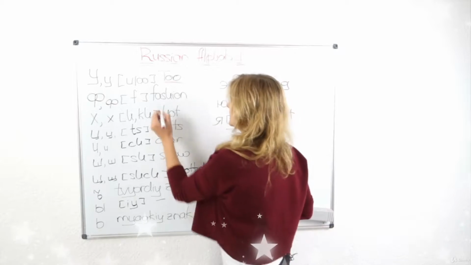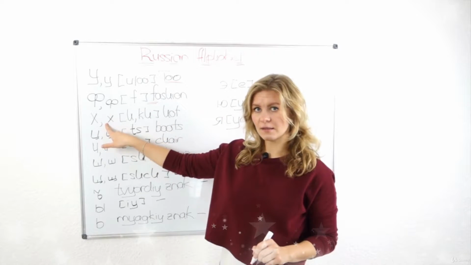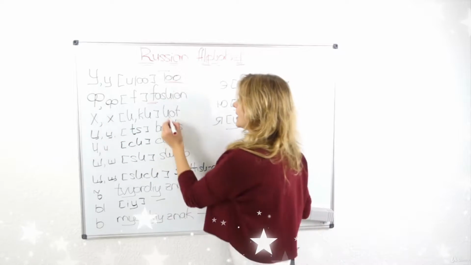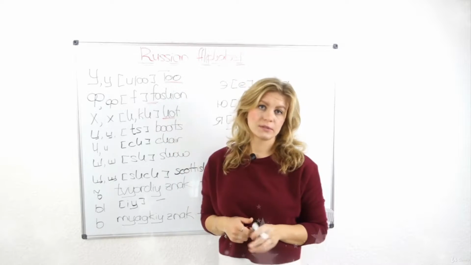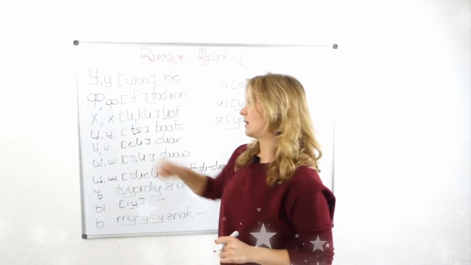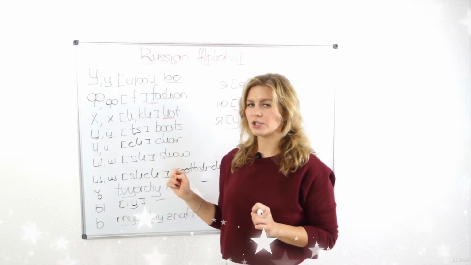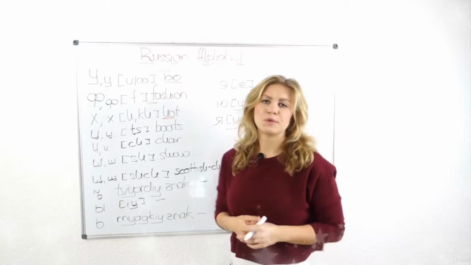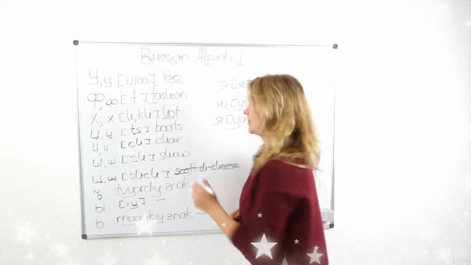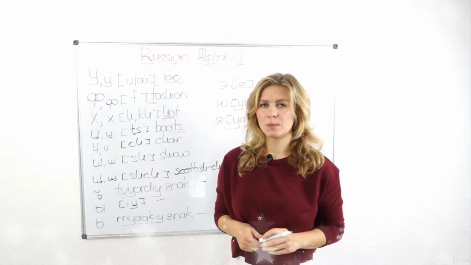F. Russian letter H is exactly like the word hot. S. That is a combination of T and S in English. I thought the good example could be boots. Yeah, this is S. Boots.